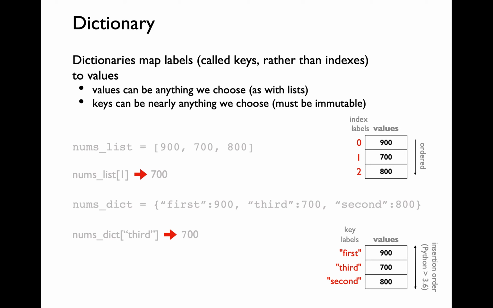Let's learn about insertion based ordering. When it comes to lists, it's always insertion based ordering. What exactly do I mean by that? The ordering of the items comes from the order in which you add those to the list. For example, in nums underscore list definition, I specifically mentioned 900 item first, 700 item second, and 800 item third.